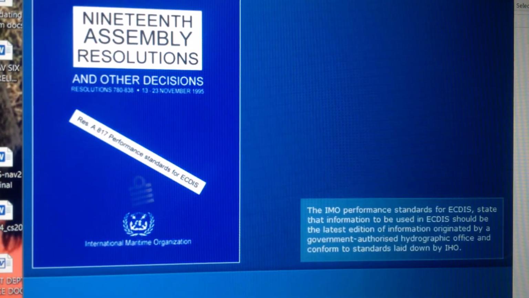The IMO performance standards for ECDIS state that information to be used in ECDIS should be the latest edition of information originated by a government-authorised hydrographic office and conform to standards laid down by IHO.